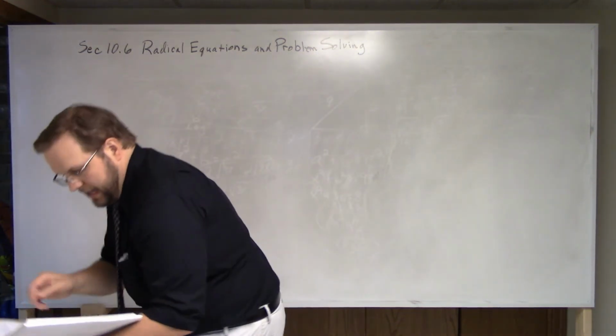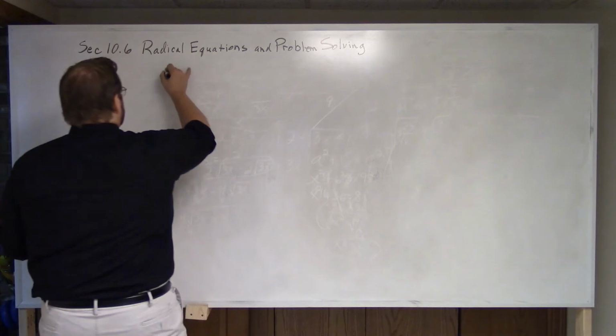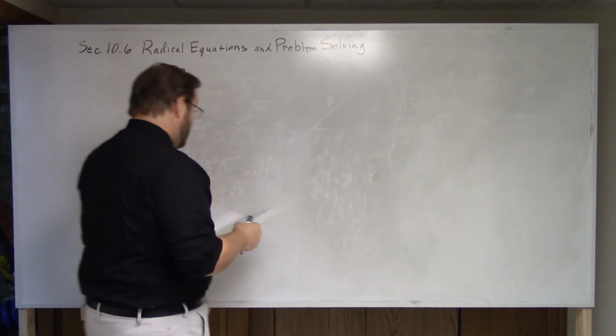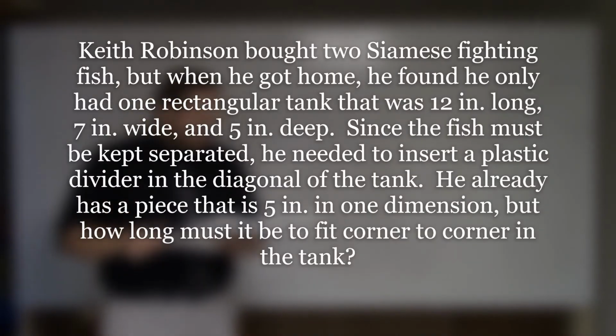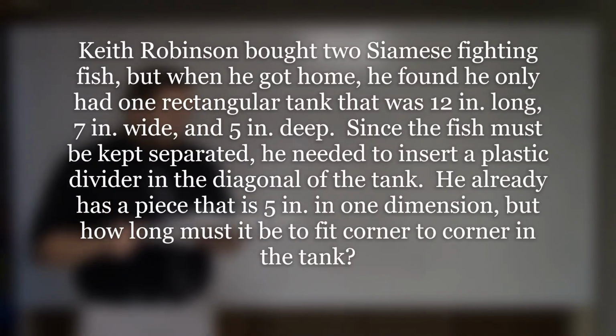I am looking at practice 7 that is found on page 638, and it reads, Keith Robinson bought 2 Siamese fighting fish, but when he got home he found he only had one rectangular tank that was 12 inches long, 7 inches wide, and 5 inches deep.